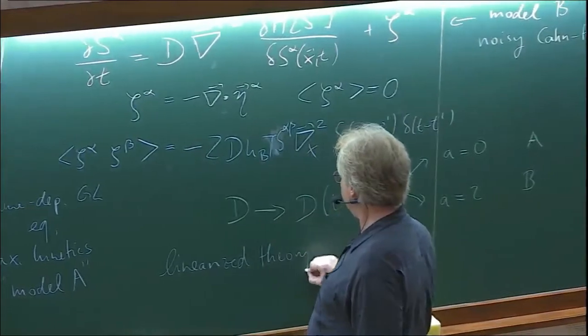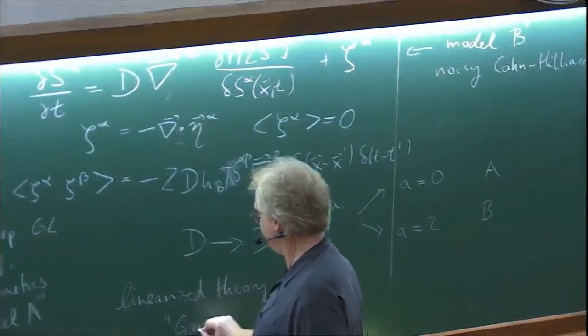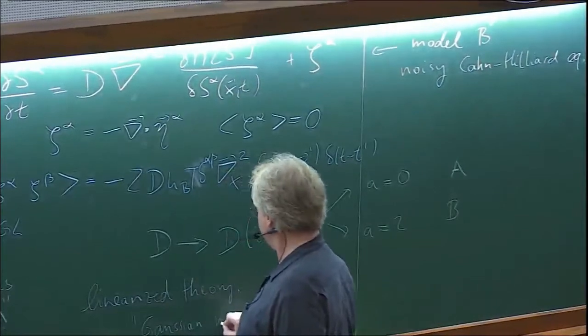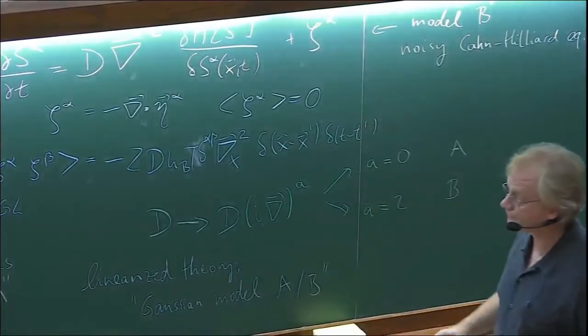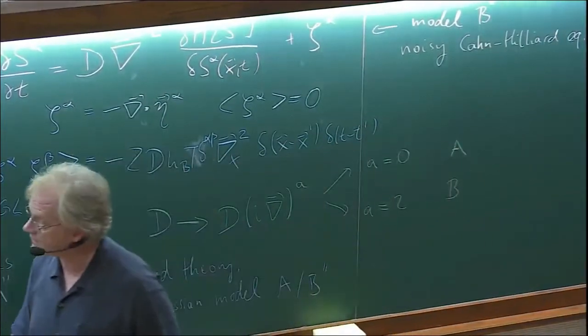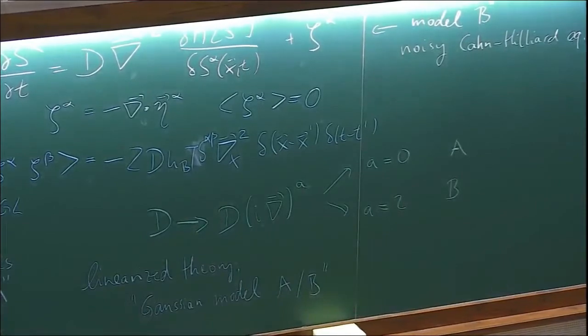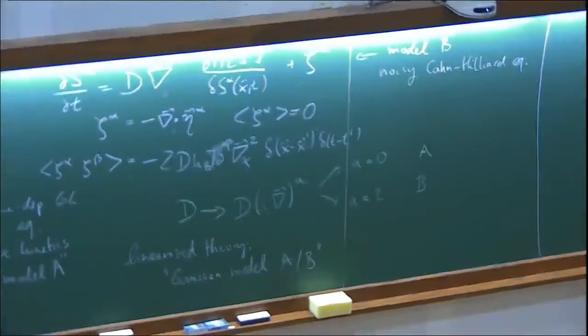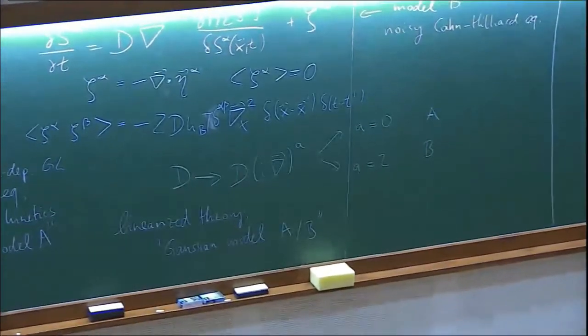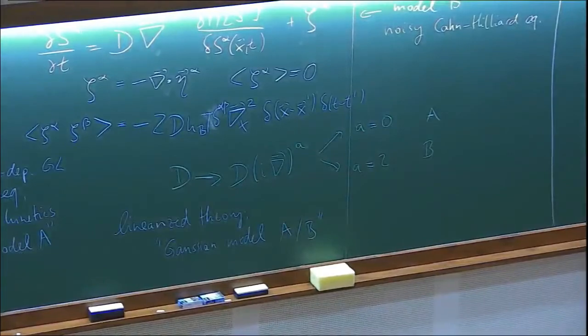Okay. I'm going to analyze this in a linearized limit. And in the jargon, this linearized theory is called the Gaussian model. So if I'm in the disordered phase, what linearization means is I'm just going to keep things that are linear in these fluctuating fields S and H and all that, which means I'm going to throw this one away.